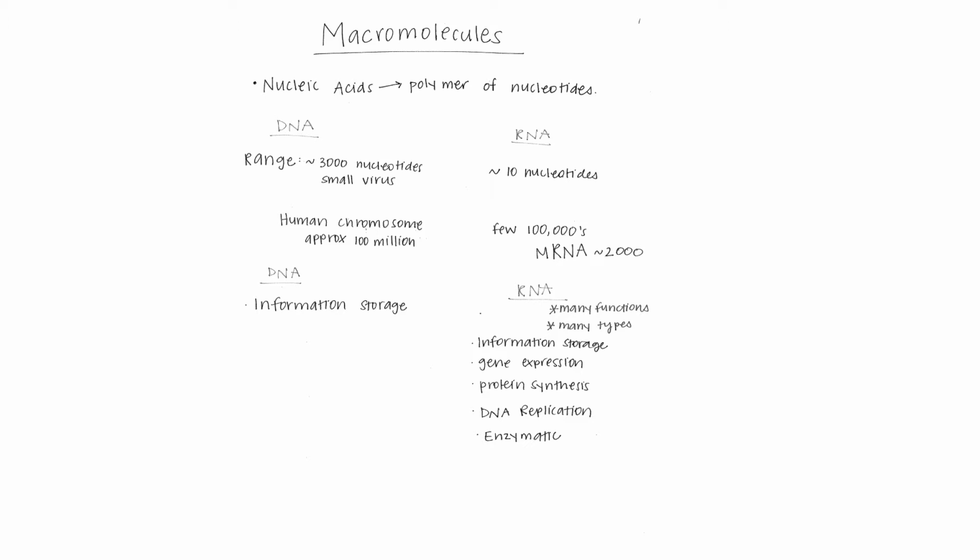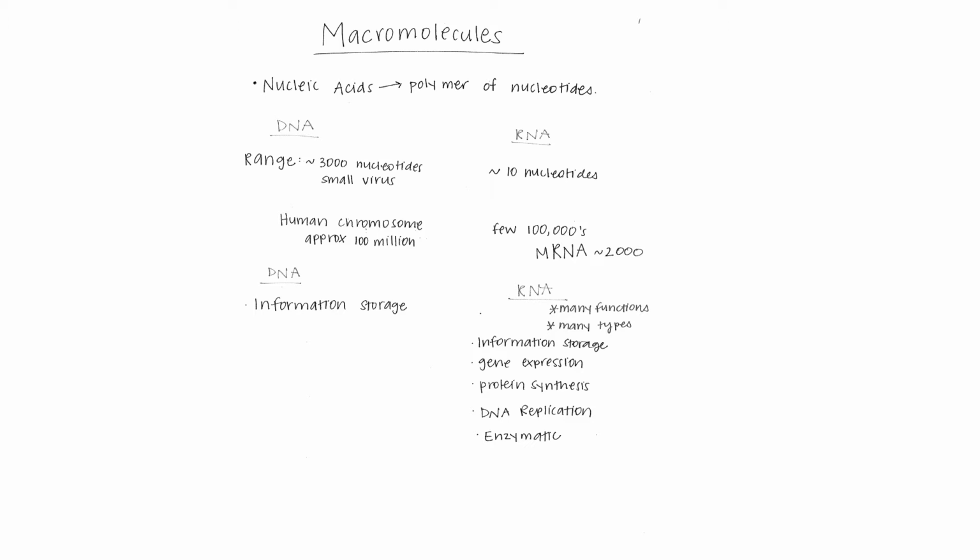DNA has one function in the cell, one function only, and that is it stores information, that is the genetic information. It has no biological activity per se, it carries out no reactions. It just sits there relatively inert, but it carries the instructions, of course, for the entire organism, so information storage.